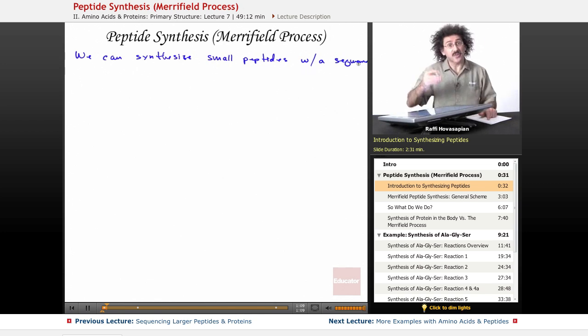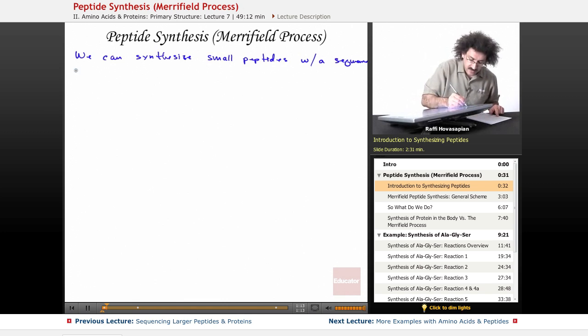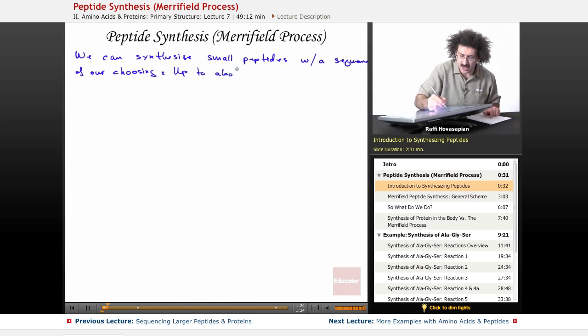So now if there's a particular sequence that I need for the peptide, I can actually do it. And by small, we generally mean up to about 100 amino acids. You can actually do that pretty well.